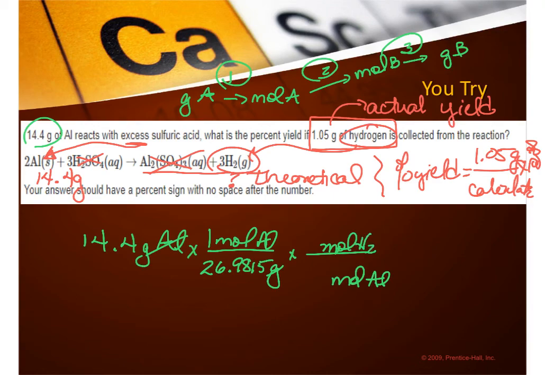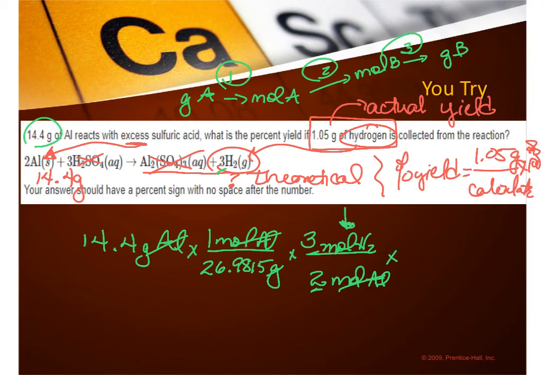I'm going to go to the balanced reaction to get the coefficients for the mole ratio. So there's a 2 in front of the aluminum and a 3 in front of the hydrogen. If I were to stop here, my units would be moles of hydrogen.